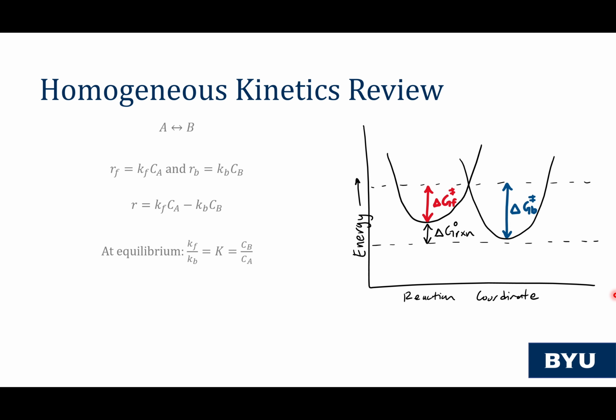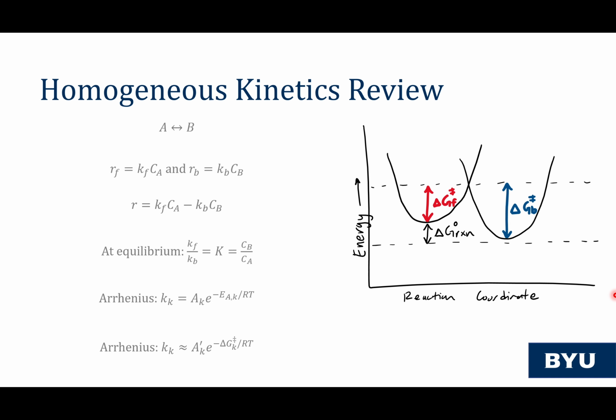So at equilibrium, the rates will be equal to this constant and the concentrations will be equal to this constant. And how we get there mathematically is we say at equilibrium, the net rate of reaction is equal to 0. You might recognize this equilibrium coefficient because it shows up in the Nernst equation.